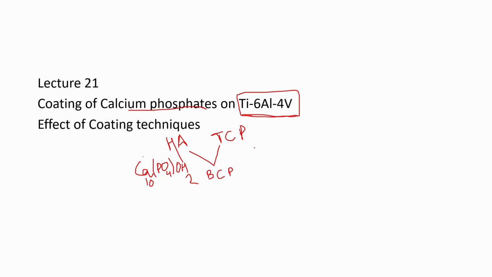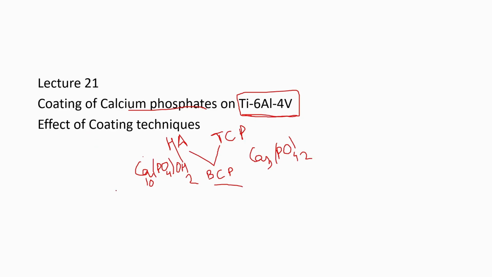And then the tricalcium phosphate is again another kind of calcium phosphate, PO4 whole twice. The mixture of this is usually used for bone fracture, bone implants.